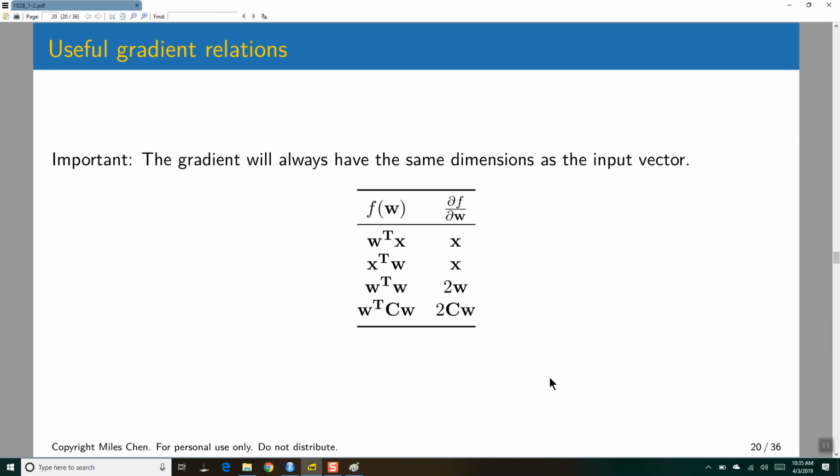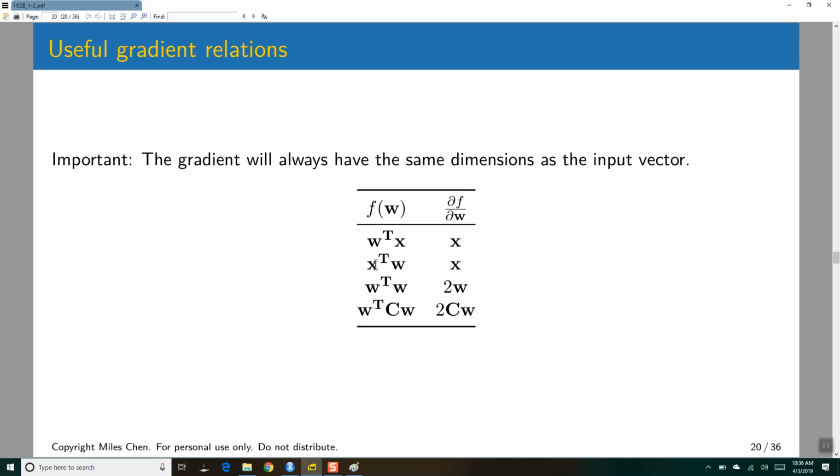Here's just kind of a helpful list. When you have some kind of vector multiplied by another vector, w transpose x, and you take the gradient, or the derivative with respect to w, you're going to get back x.